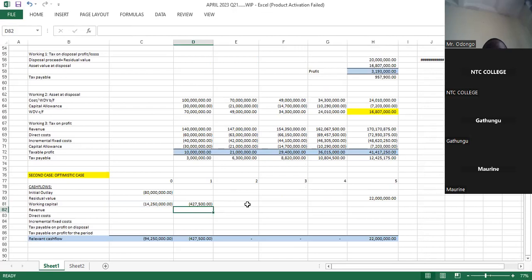427,500. When I come to period number 2, I add the initial outlay plus the increment for period 1. And then I multiply this by, again, the inflation rate of 3%. For year 2, I get that.